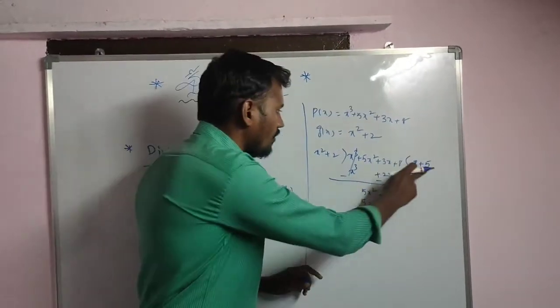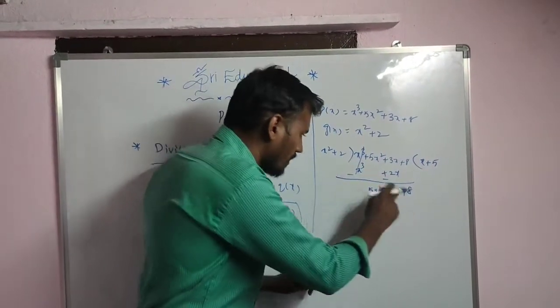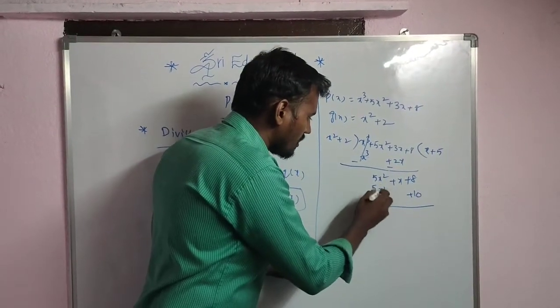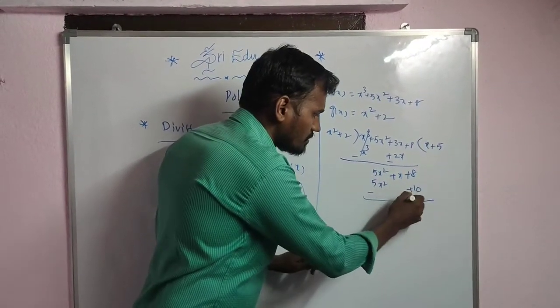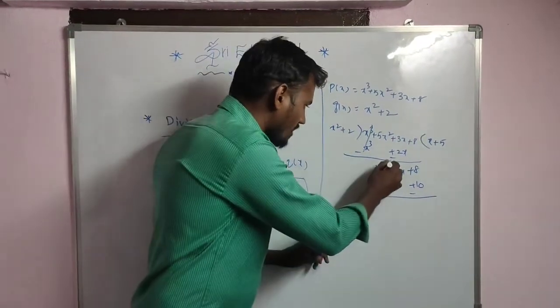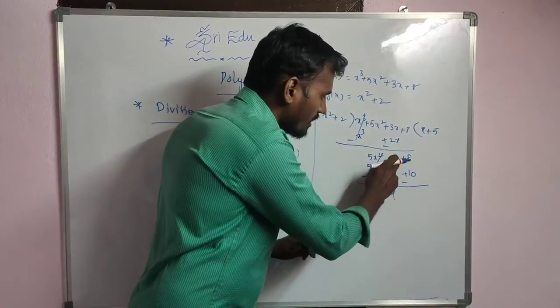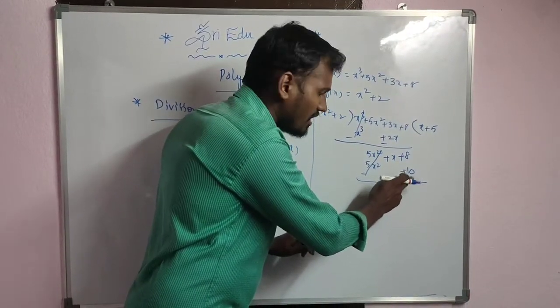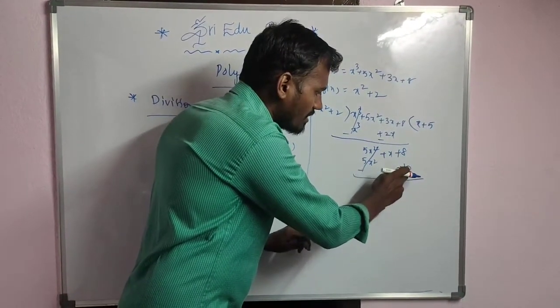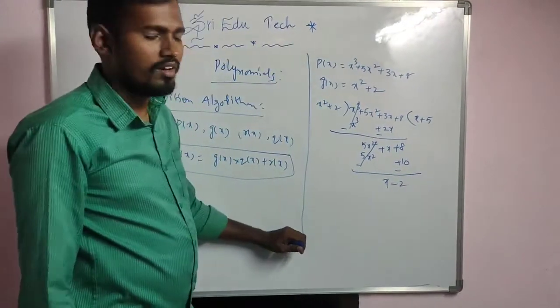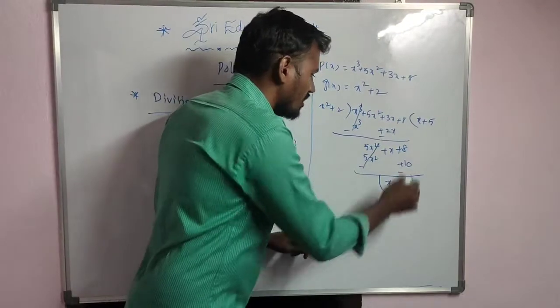Then 5 twos are 10, so the constant will be 10. Next, same as before, plus means minus. Then 5x square and 5x square cancel. Then what is remaining? x. 8 minus 10 is minus 2. Minus 2 is the remainder.